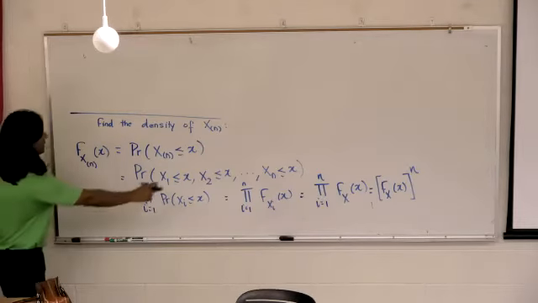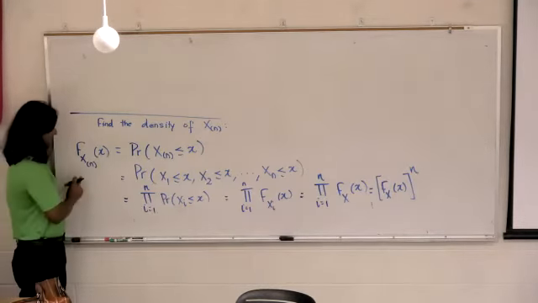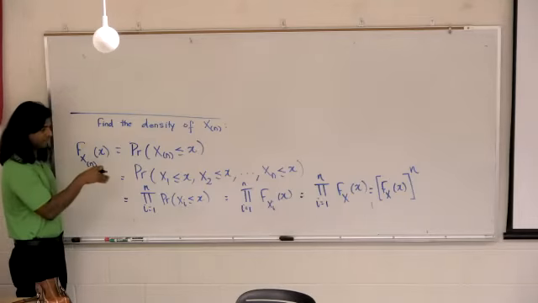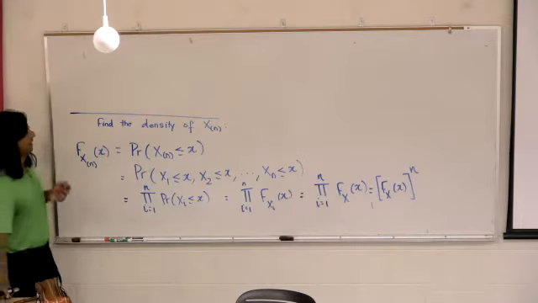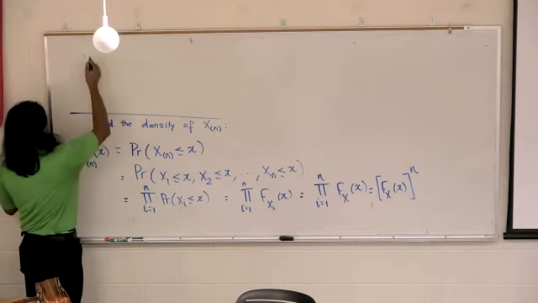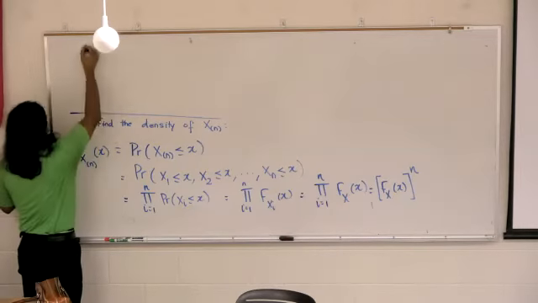Now that we have the CDF of the nth order statistic, in other words, the maximum of X1 through Xn, how do we find the PDF?